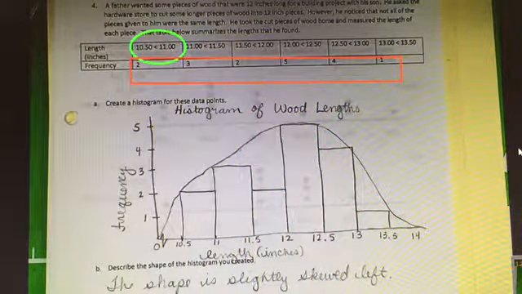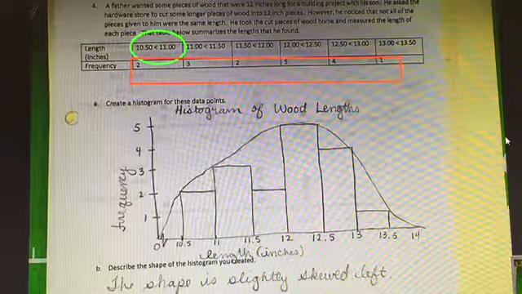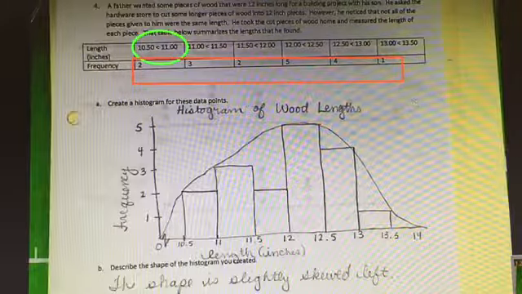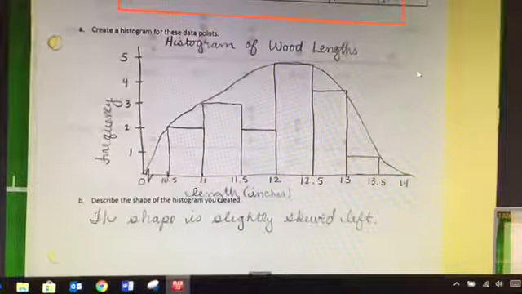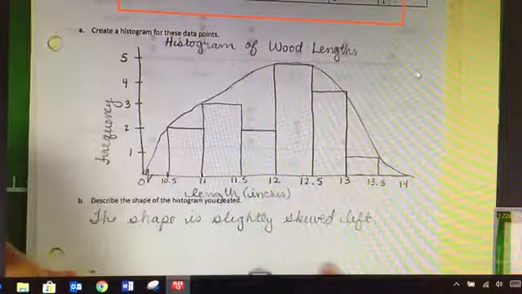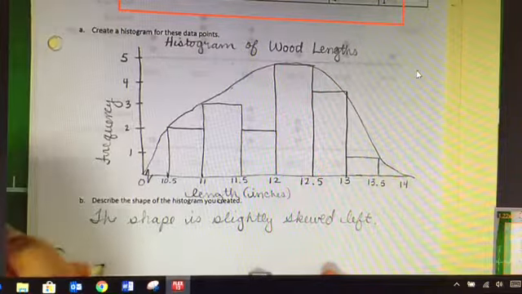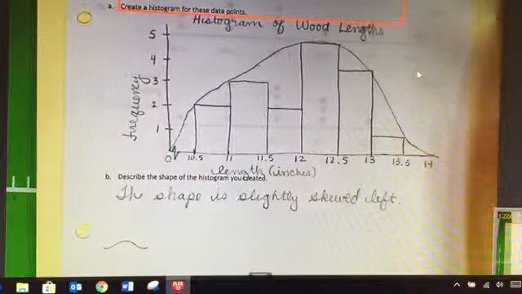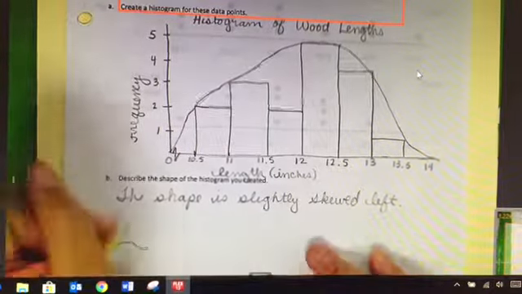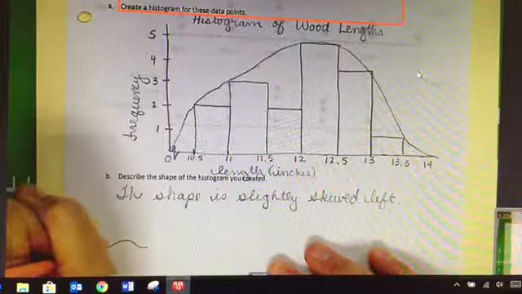Okay, and just some quick reminders. When we're looking at approximately symmetric, it's going to look pretty much like a mound shape, or really close to it. So this would be approximately symmetric.